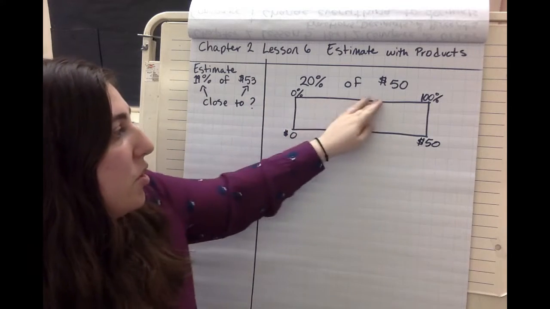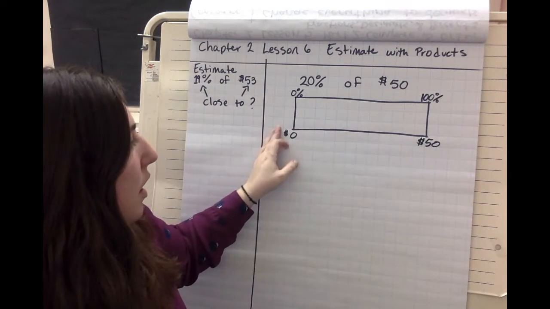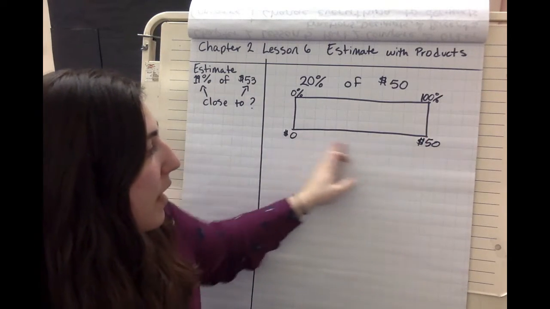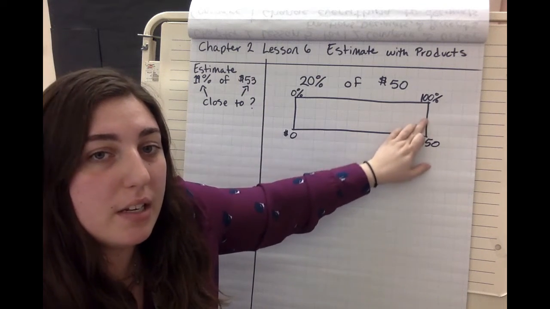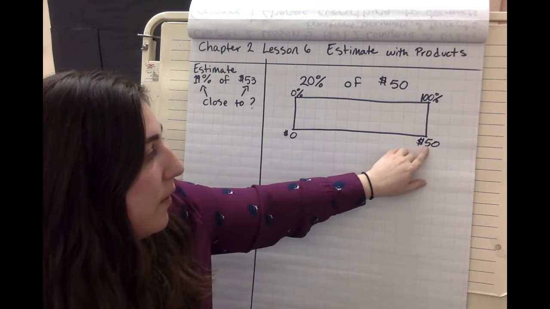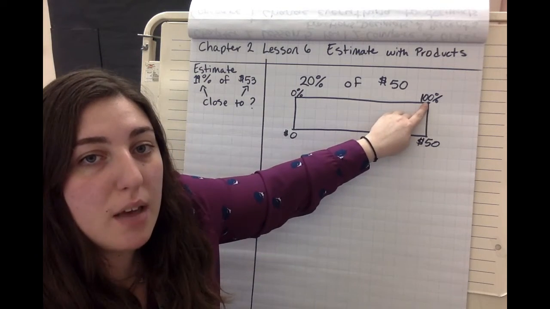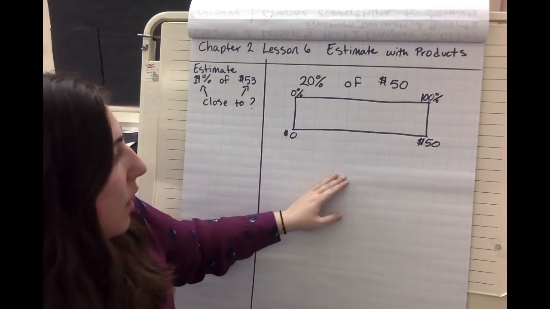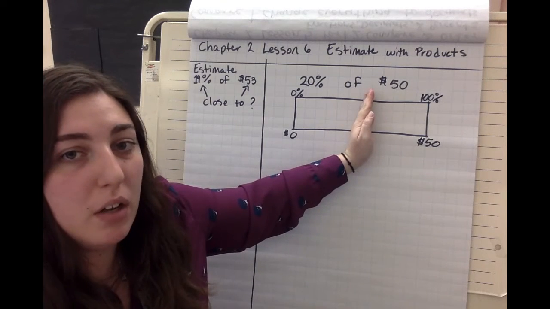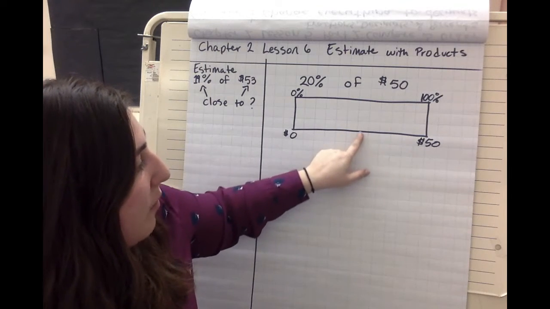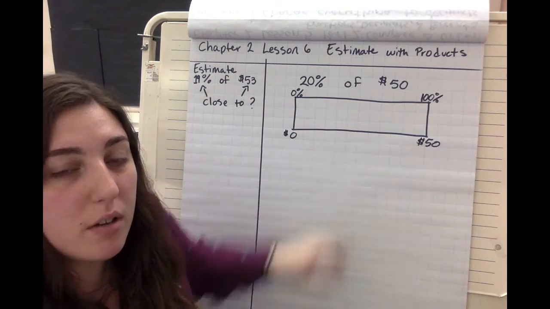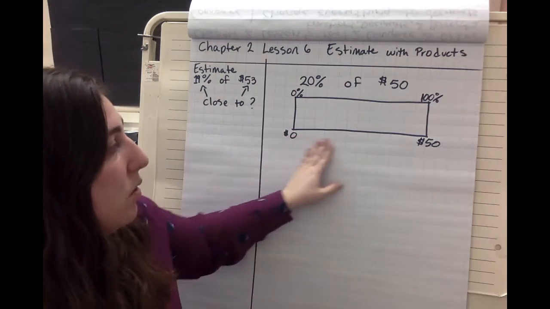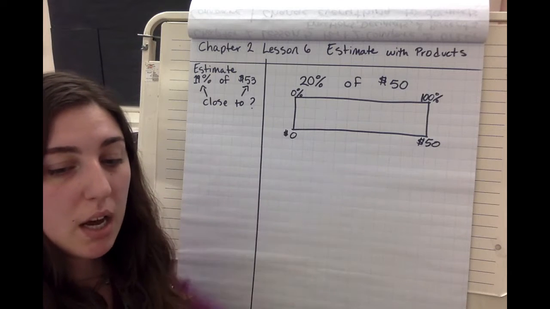This percentage up here is really telling us how much percent of $50 we are at. So 100% at the very end means $50 is 100%. If we were in the very middle, that would be $25, and that would mean 50%. We're halfway. So this is how we're going to be using this diagram.